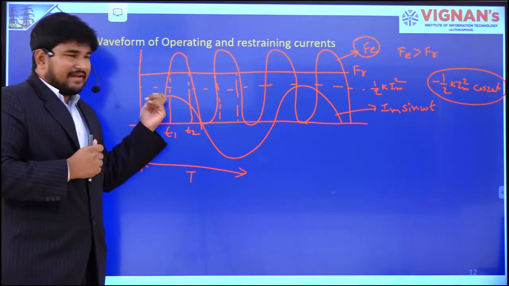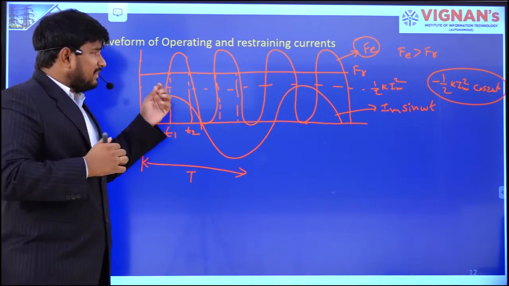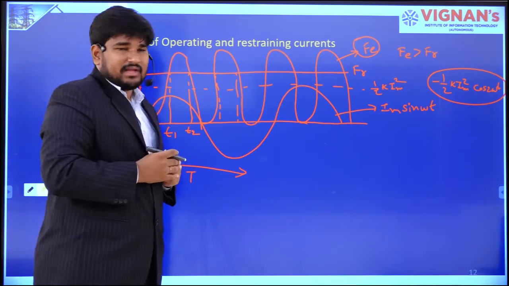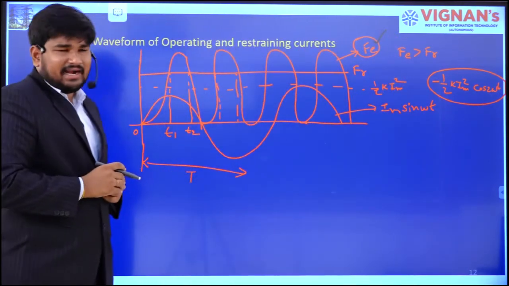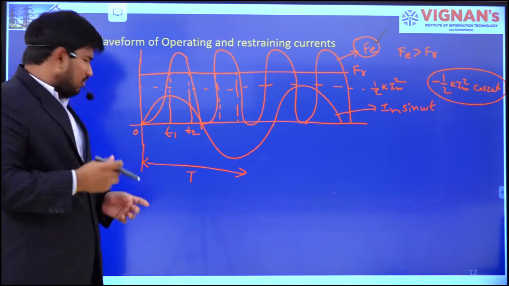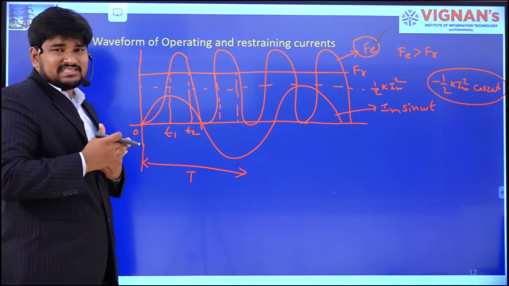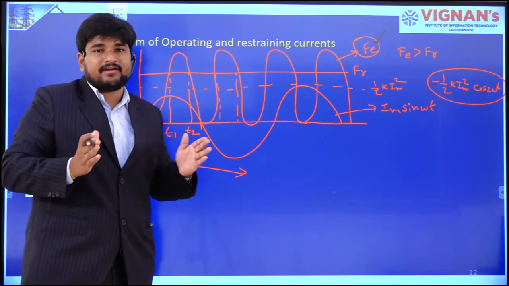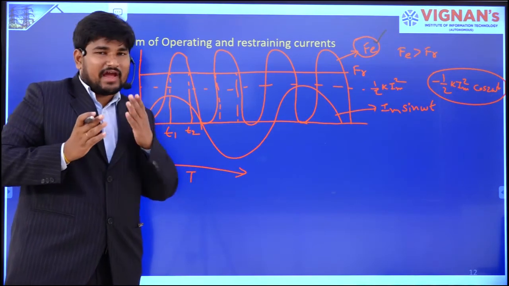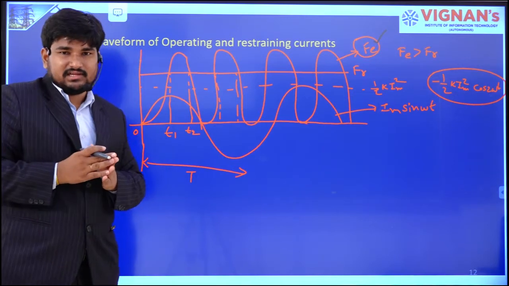For example, if we take two quantities, one is Fe, which I have already taken, and the other quantity has some phase difference, it lags or leads.